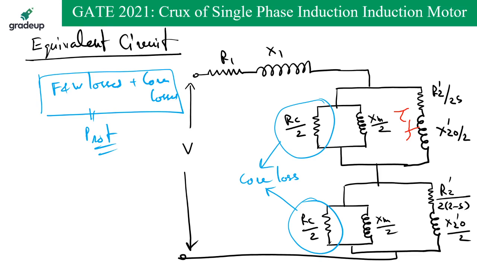For the forward field, it is going to be R2 dash upon 2S and X20 dash by 2. Similarly, for the backward field, backward torque is going to be generated, and it is going to be R2 dash upon 2, but now the slip has become 2 minus S, because here it is the backward slip. Similarly, the rotor leakage reactance X20 dash by 2 is going to be present.